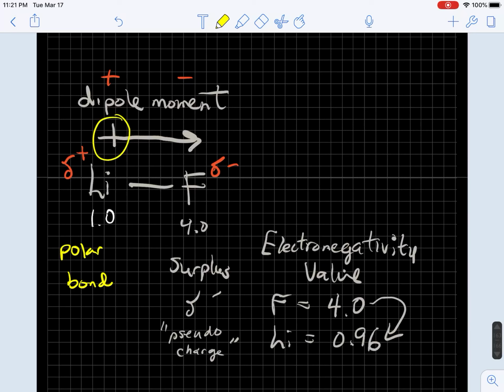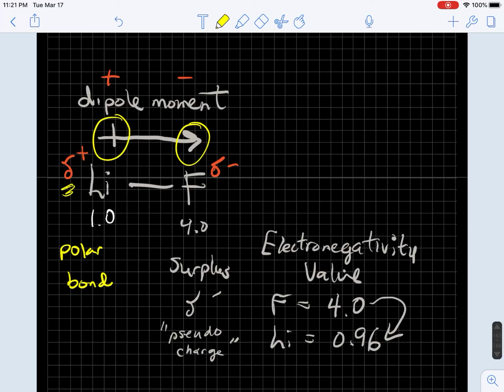We put a positive symbol on the vector arrow over the element that has the electropositive value. And we draw the arrow towards the drift, which is going to be towards the electronegative material, in this case fluorine. The symbol I tried to draw is lowercase sigma. It's supposed to represent the term pseudocharge.